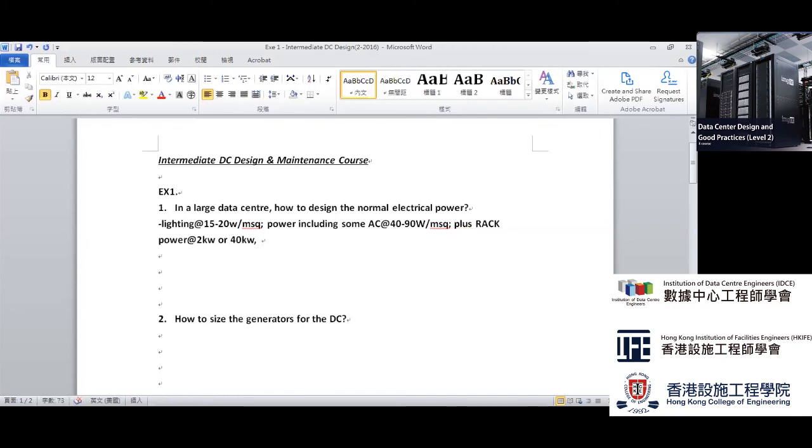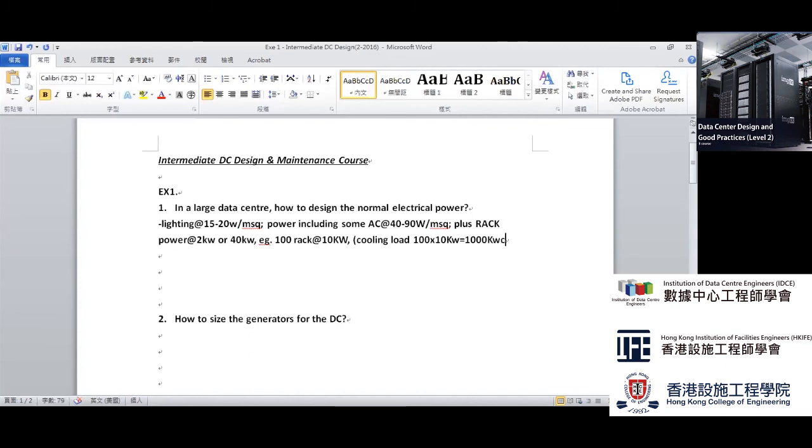Now, suppose you have, make it easy, 100 racks, each about, make it easier, 10 kilowatt, okay? Then the cooling load is equal to almost 100 times 10 kilowatt, which equals 1000 kilowatt cooling.